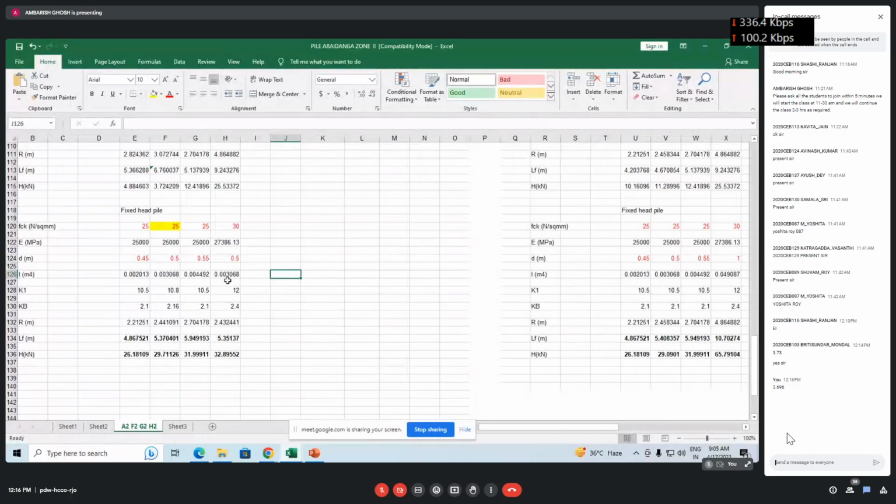Have you got I this value in meter to the 4, 0.003068? E value you have got this one. I value you have got. Then K1 will be 9. Then your R value will be 2.6.